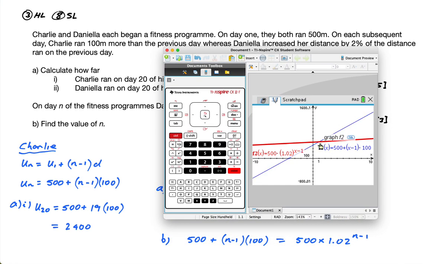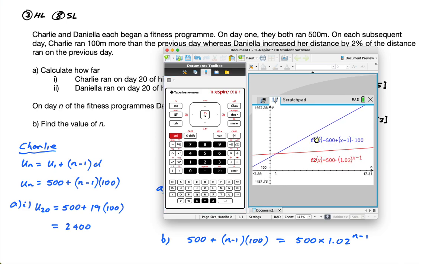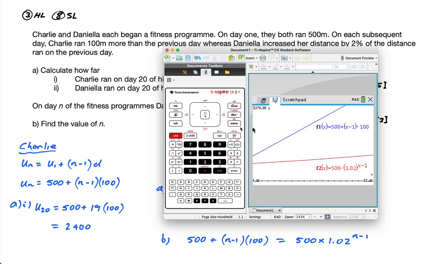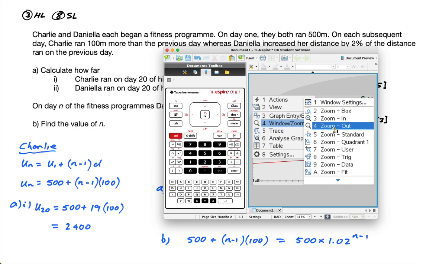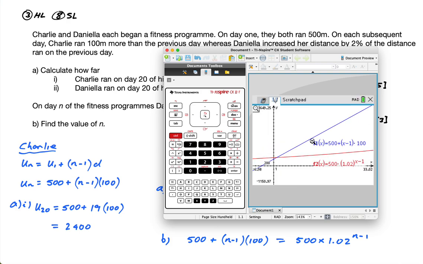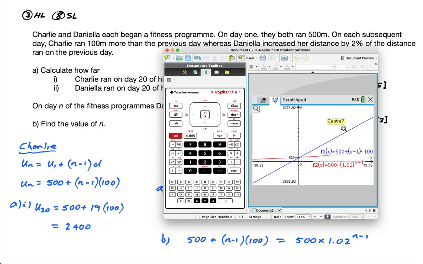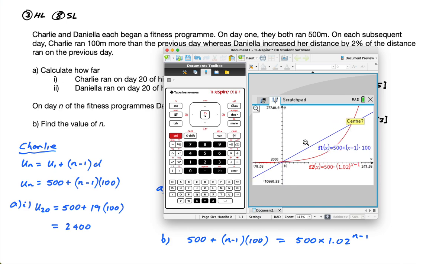So on the first day, they're the same. But what's actually happening, if I zoom out here, we'll see her training suddenly starts to get really, really rapid. And that's what I'm talking about, compound interest. So right there, that's when they run the exact same. So it'll be the next n, the first day where she runs a bit more.